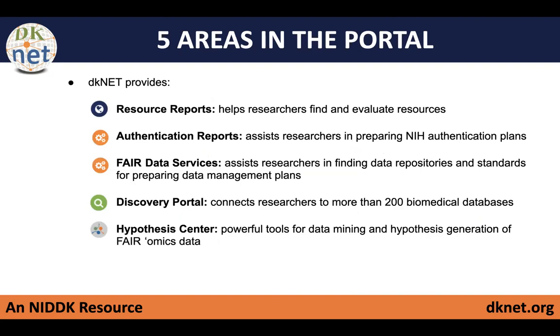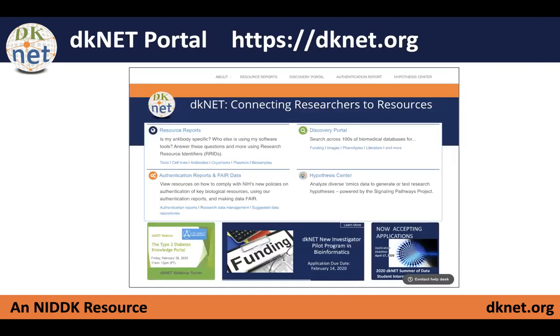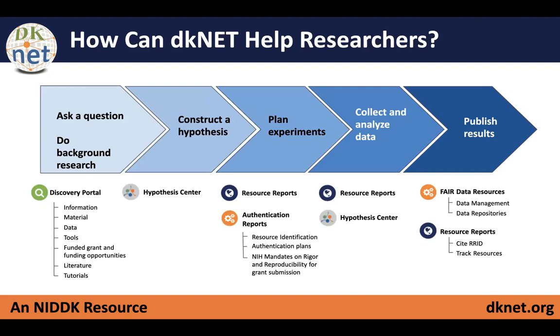There are five primary areas in which we are providing information right now, and we will go through each of these areas. But the most important aspect of this is that on the next slide, these different items apply in various aspects of the research process.